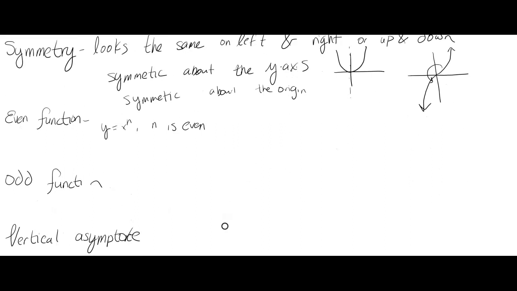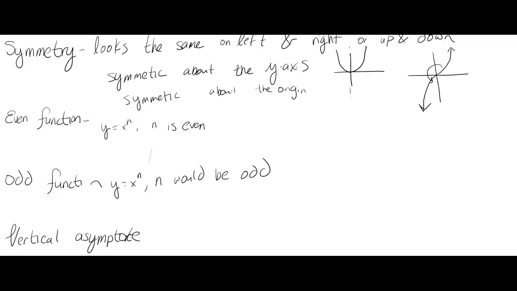Alright, likewise, if I have an odd function, it's going to be y is equal to x to the n, it doesn't really matter. In this case, n would be odd.